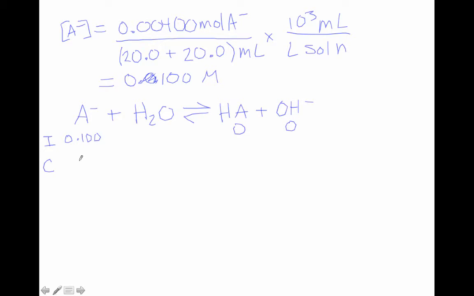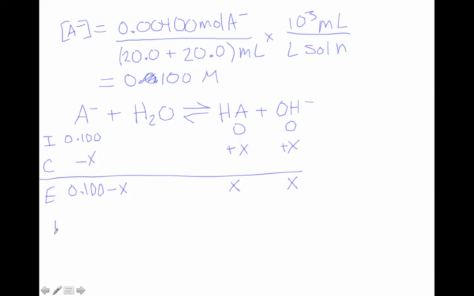This reaction needs to go forward to get to equilibrium, so we're going to subtract X on the reactant side, add X on the product side, and that means that at equilibrium, the hydrolysis of the benzoate gives us an equilibrium concentration of benzoate of 0.1 minus X, an equilibrium concentration of benzoic acid of X, and an equilibrium concentration of hydroxide of X.